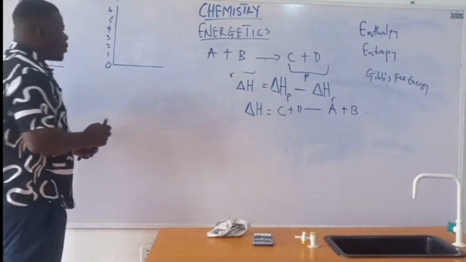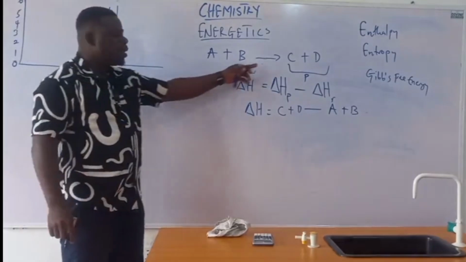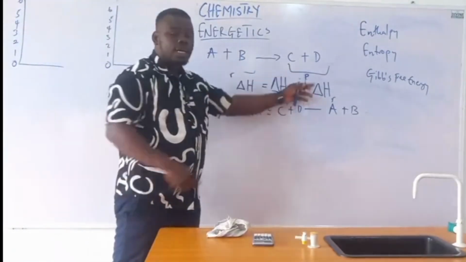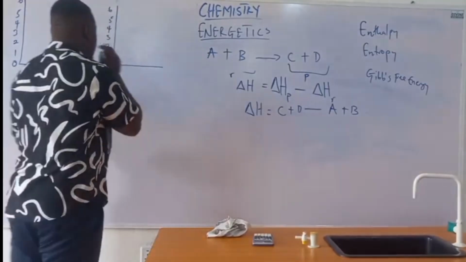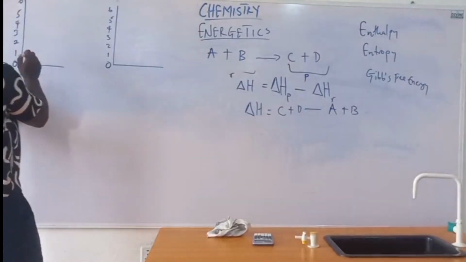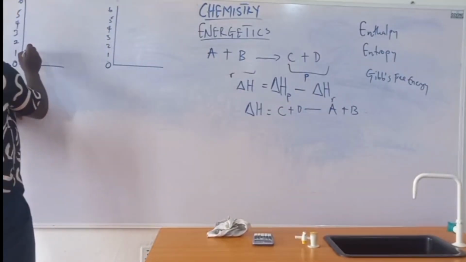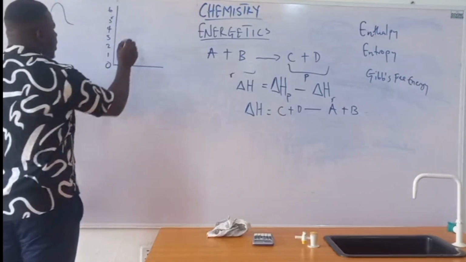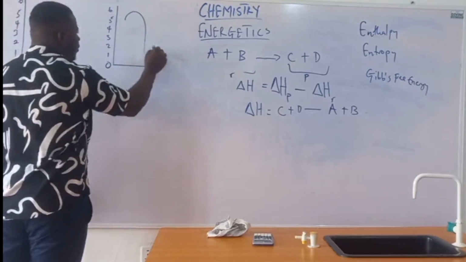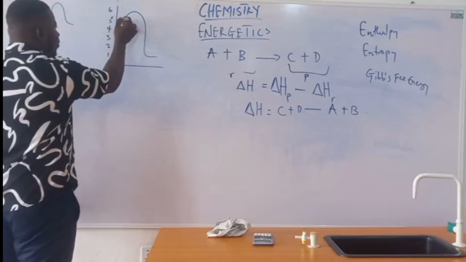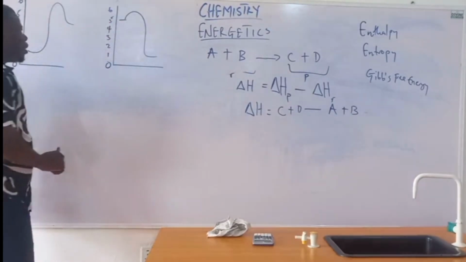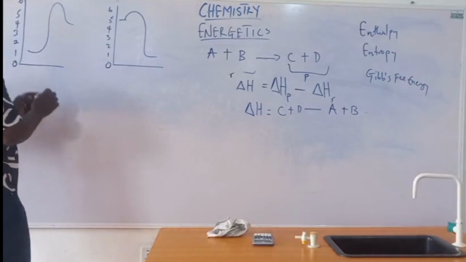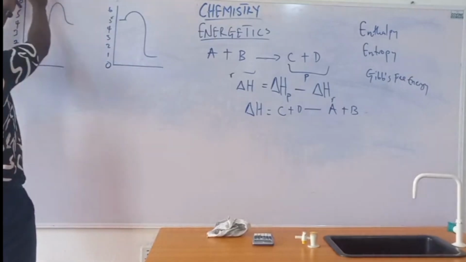Now, in a chemical reaction, know that the left-hand side is always the reactant, and the right-hand side is always the product, right? So if I have something like this, and I have another curve like this, these are two curves. This is the left-hand side.